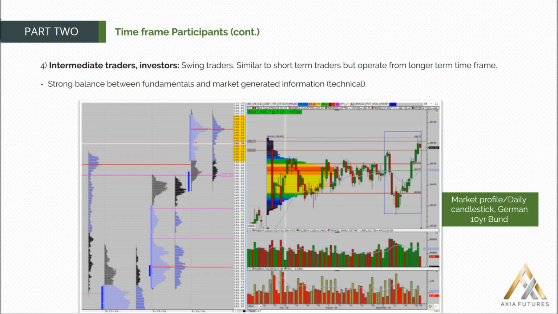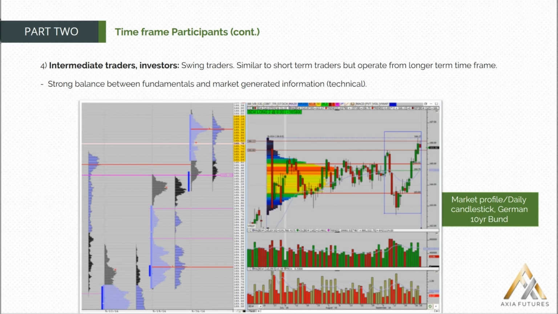The intermediate trader finds a strong balance between fundamentals and market-generated information. So they're equally balanced between technicals and fundamentals, whereas the day trader leans slightly more towards the technicals than the fundamentals. As an example, if we look at the profile below, we have very strong trend-like type profiles.